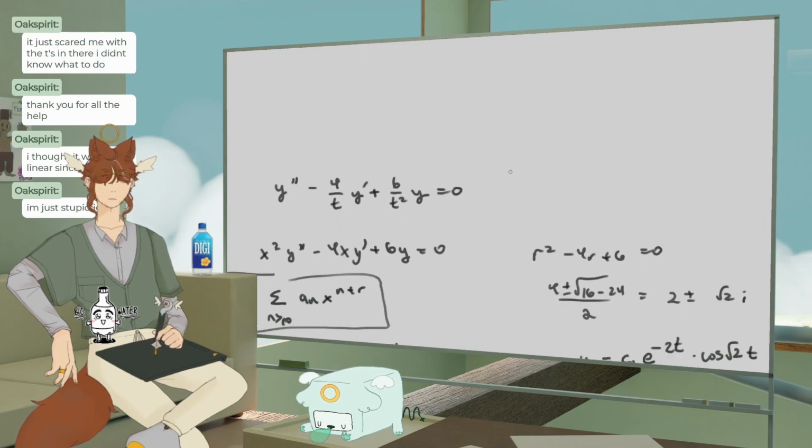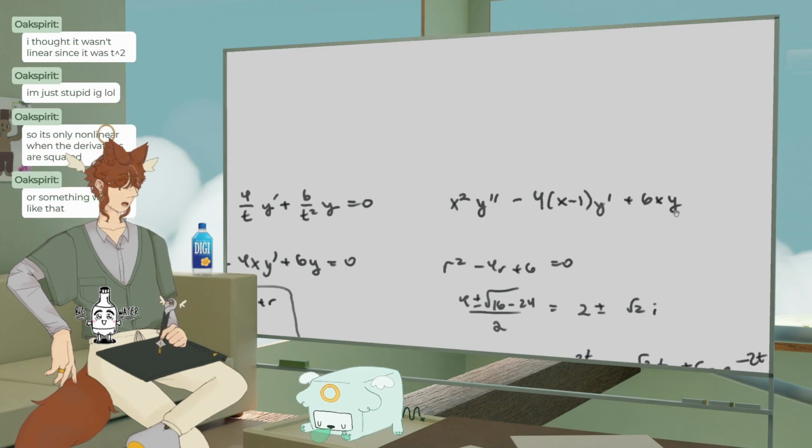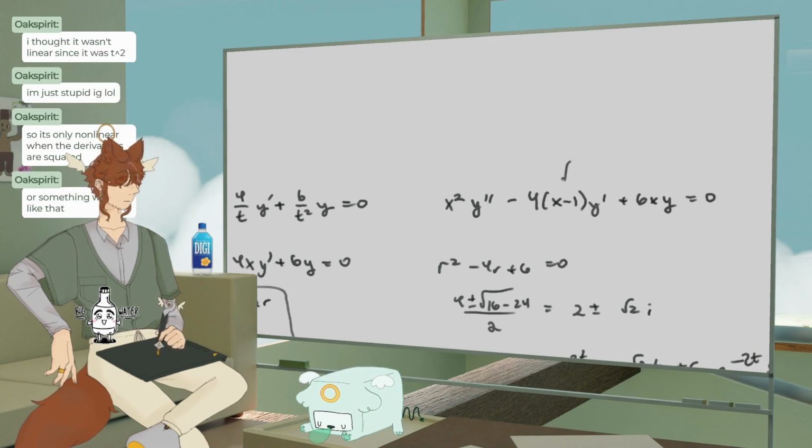The other kind of application is the Frobenius theory type beat, if you had like x minus 1 y prime plus 6x y or something. So your x minus 1 isn't really Cauchy-Euler, because it's only nonlinear when derivatives are squared.